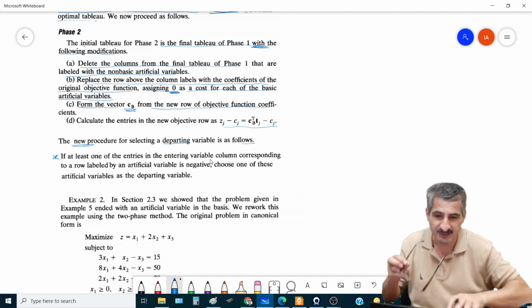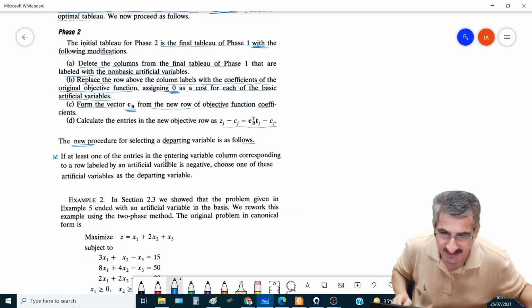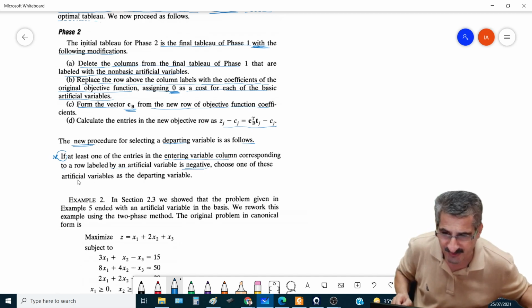Now, at least one of the entries in the entering variable column corresponding to a row labeled by an artificial variable is negative. If this is happening, choose one of these artificial variables as the departing variable.